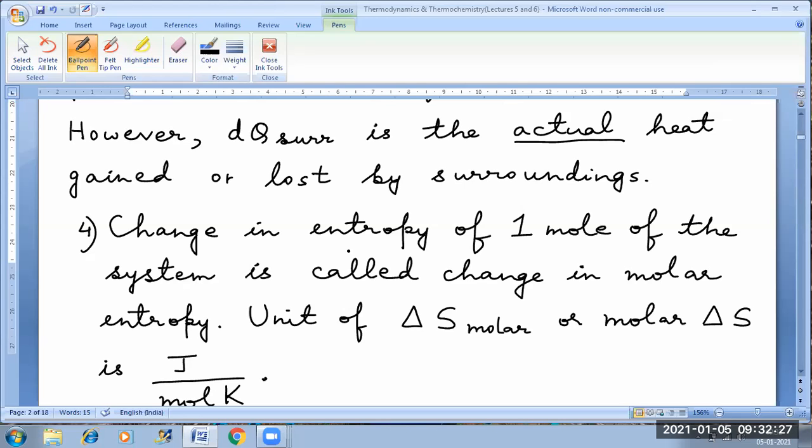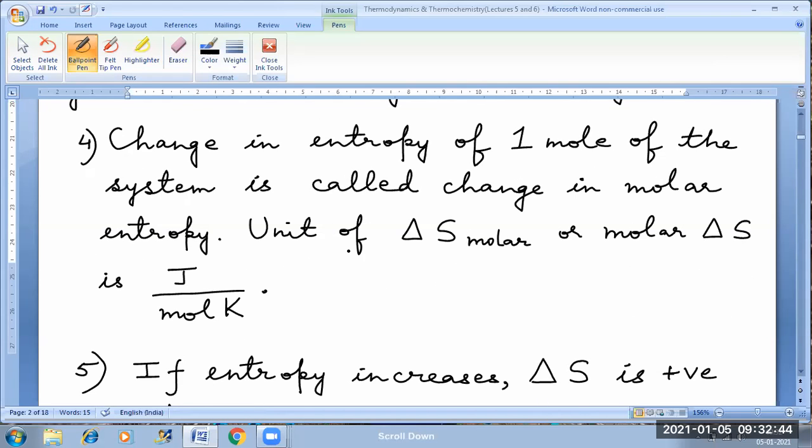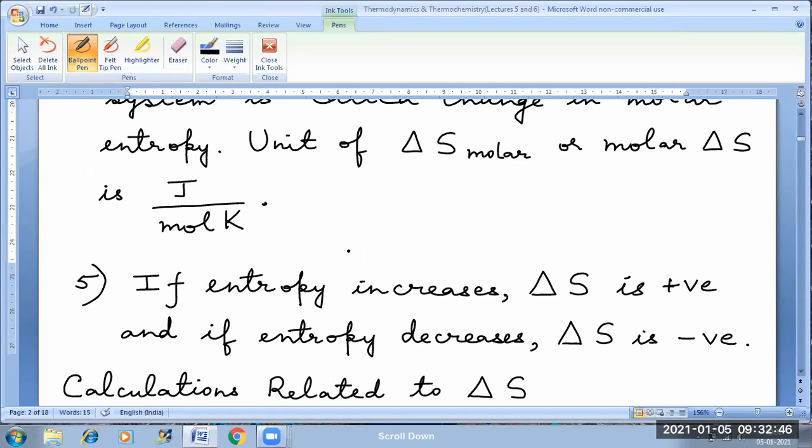Molar word indicates that I am restricting my discussion to 1 mole of the system or 1 mole of the surroundings. So joule per mole Kelvin will be the unit of delta S molar or change in molar entropy. If entropy increases, then delta S is positive, and if entropy decreases, then delta S is negative.